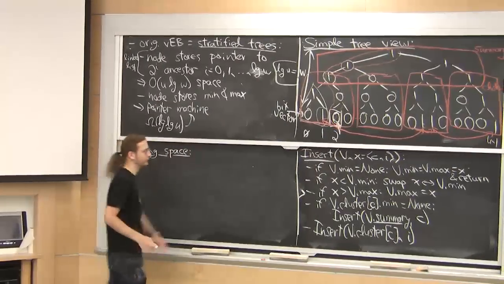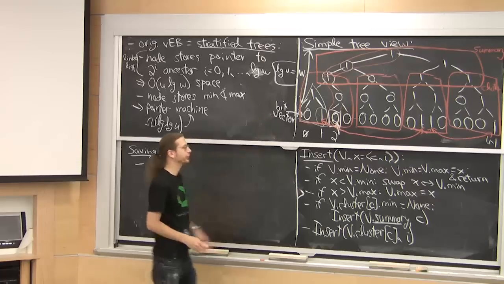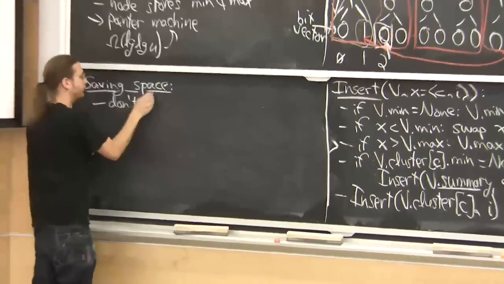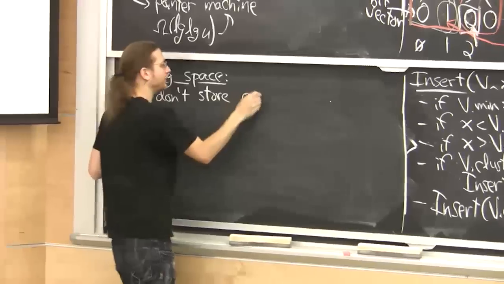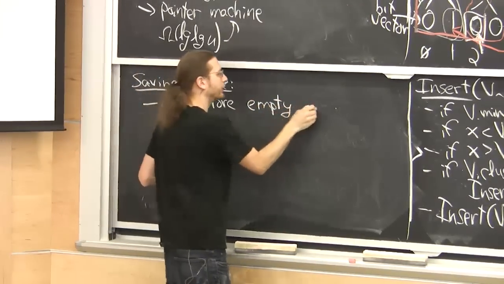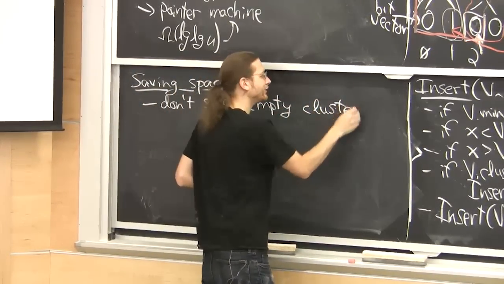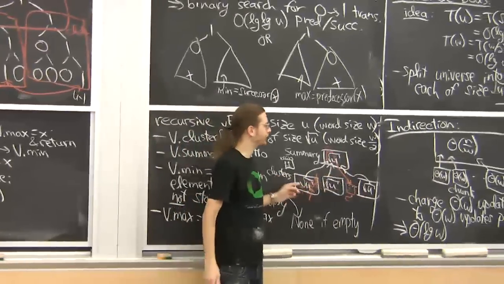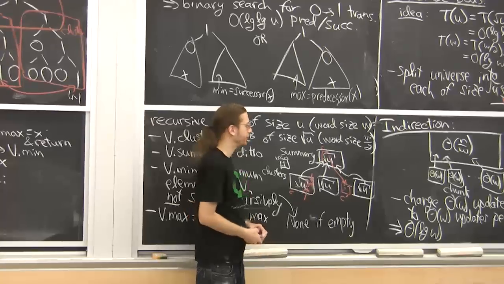So I'm going back to the structure I erased. Ignore the tree perspective for a while. Don't store empty clusters. Now this sounds easy, but in reality it's a little bit more annoying, because we wanted to have an array of clusters so we could quickly find the cluster.